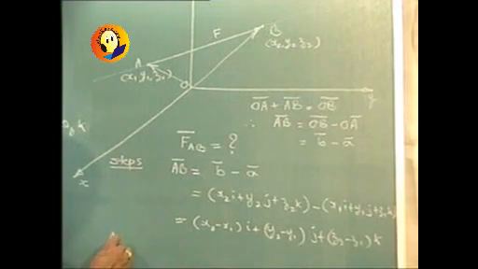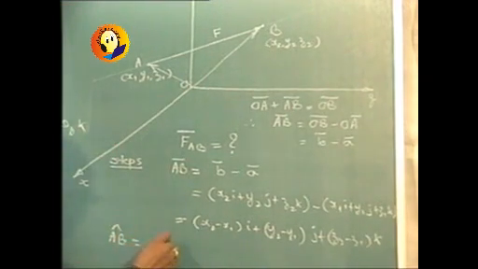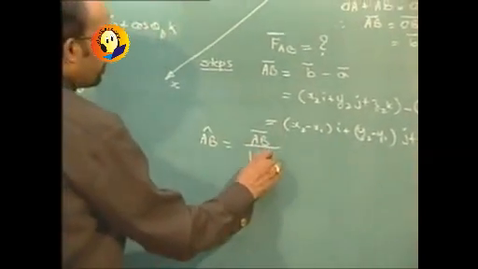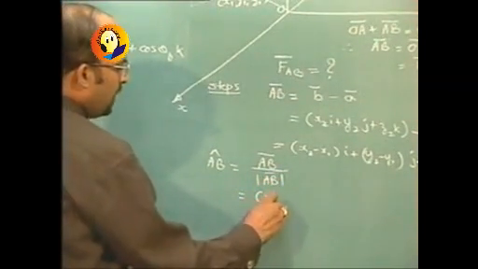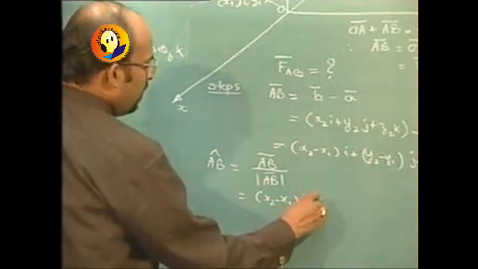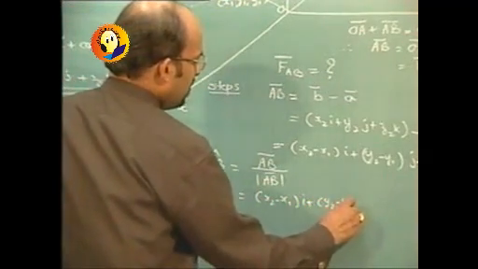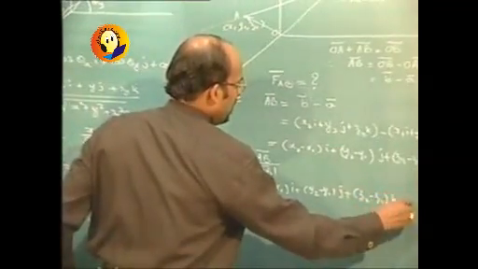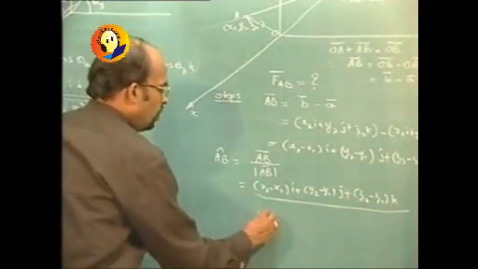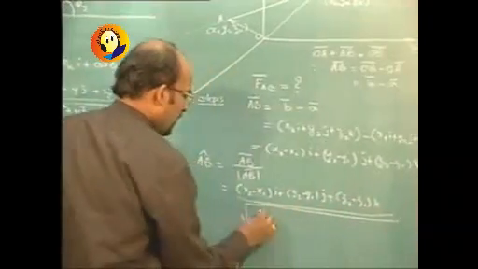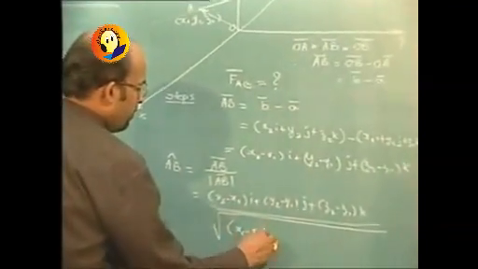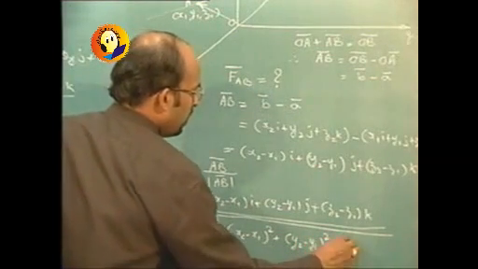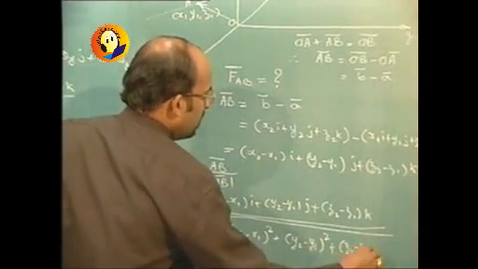Then we find AB cap, which will be AB bar upon mod of AB bar, which is that vector upon under root of (x2 minus x1) square plus (y2 minus y1) square plus (z2 minus z1) square.